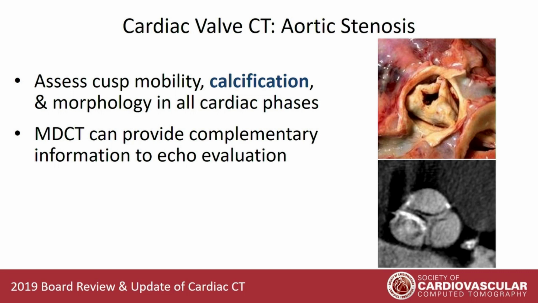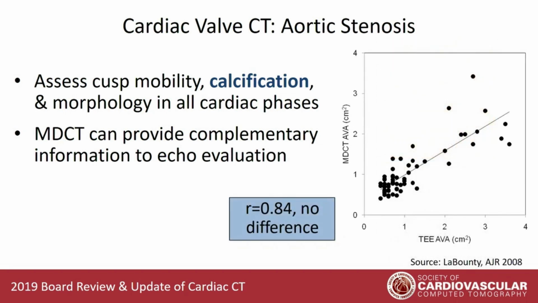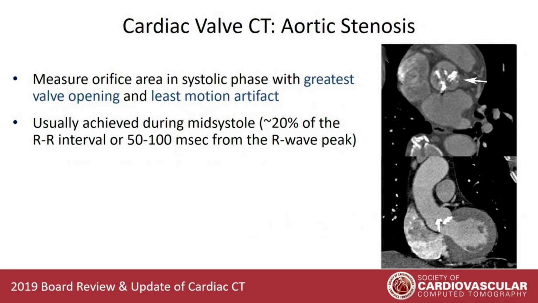Multi-detector CT imaging provides complementary imaging to echocardiography, and we know that from studies that have been done. As you can see on the left side of that graph, this is MDCT evaluation of aortic valve area versus TEE evaluation of aortic valve area. This was in a series of stenotic patients. We can see that those data are well correlated.